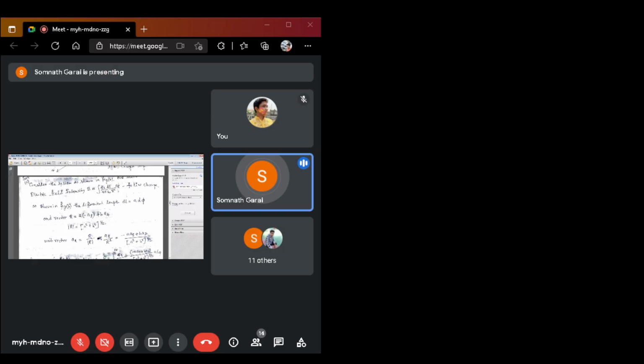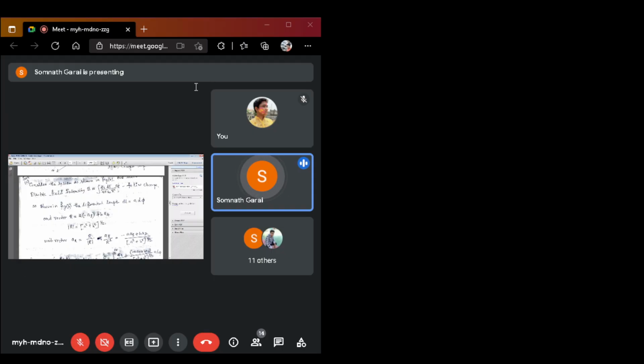So according to the figure, rho L is the line charge density, which means the charge along dl is uniform, and dl is the differential length.